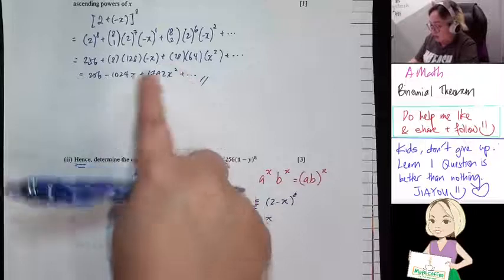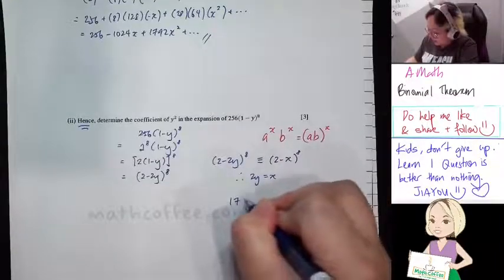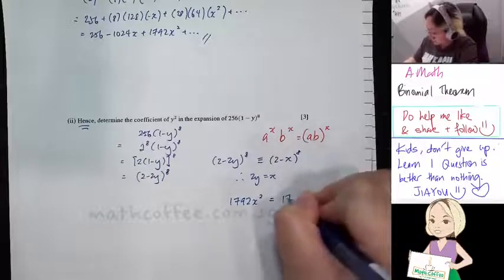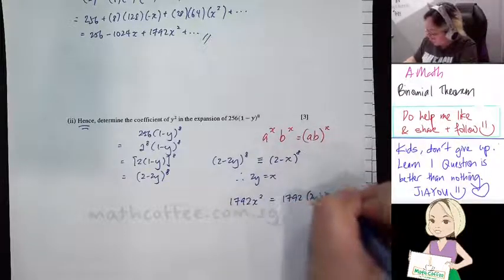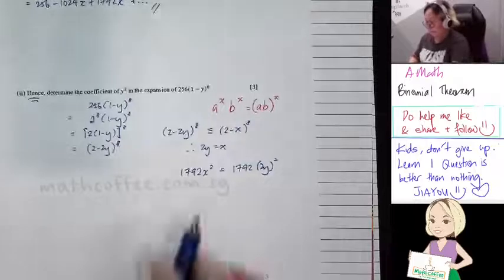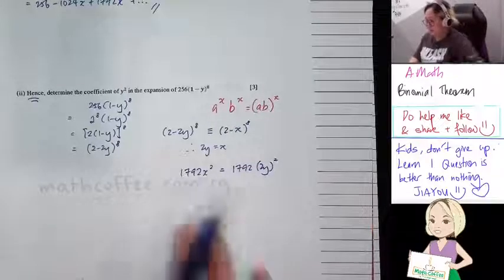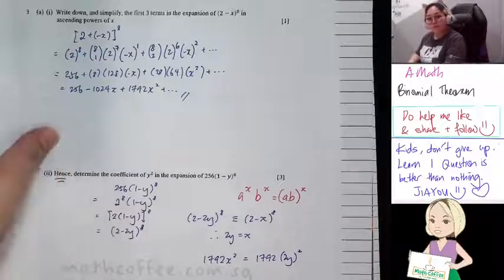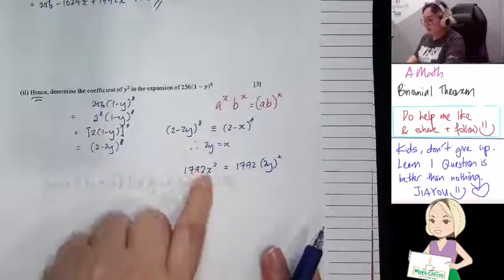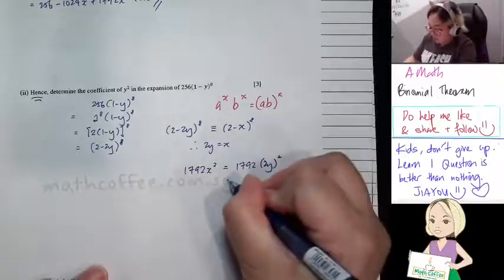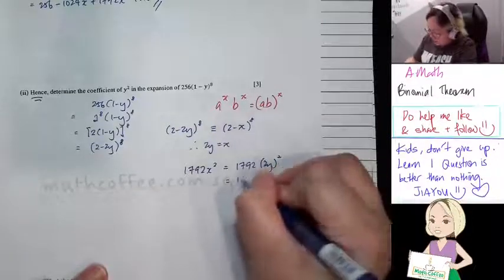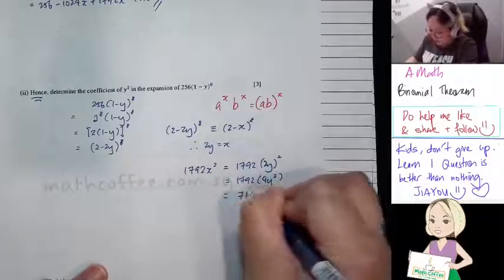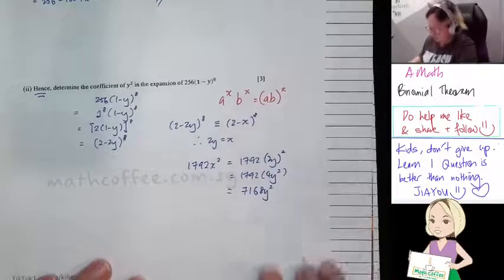I will use this, and we will know that 1792x squared is the same as 1792 times 2y squared. I replace the x. This one is from here. So I replace the x with 2y, and in the end we will get 1792 times 4y squared, which is 7168y squared.